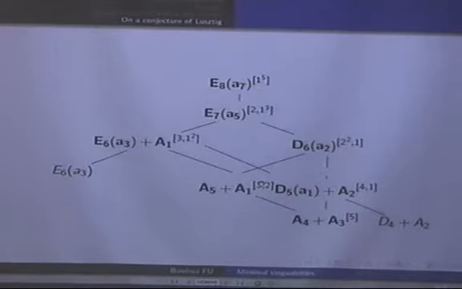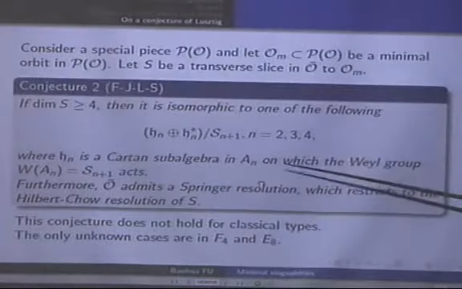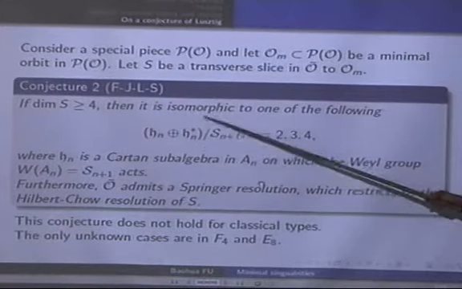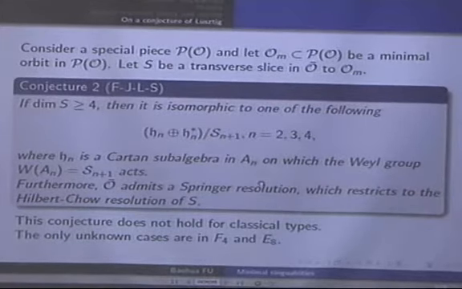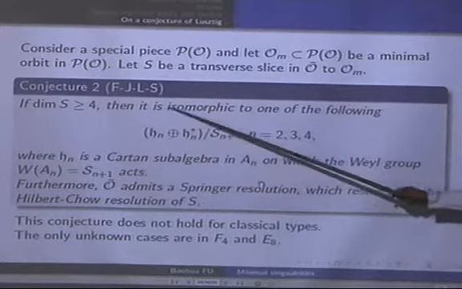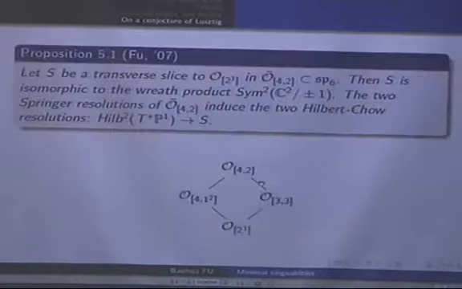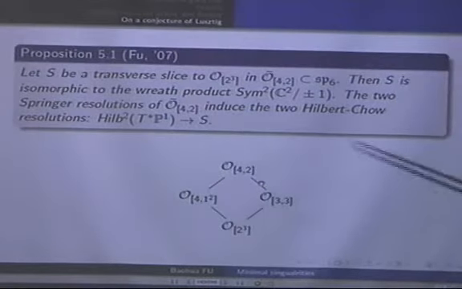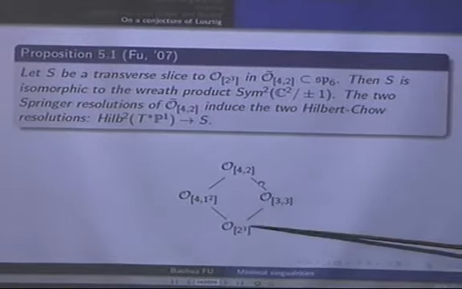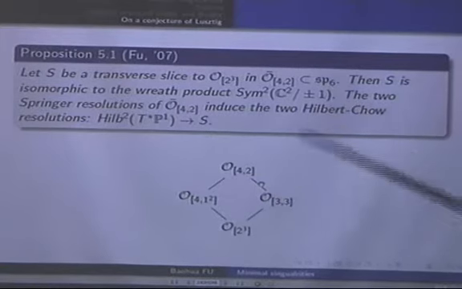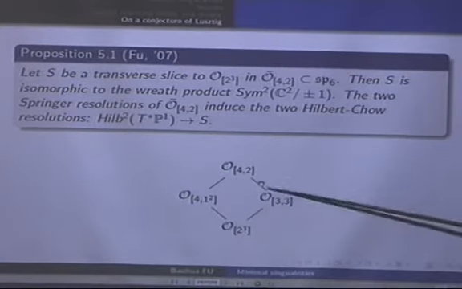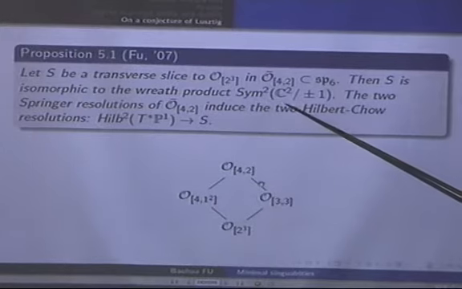This correspondence between the quotient case and the nilpotent orbit case is not the first time it appears. In fact, several years ago, I showed that if you take a transverse slice in this orbit in Sp6, then the transverse slice is isomorphic to this product.